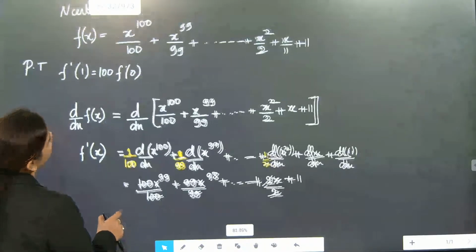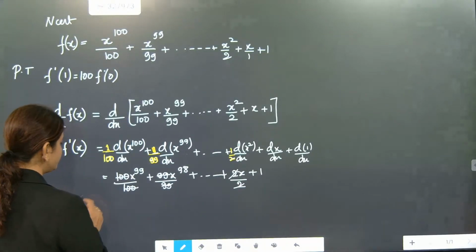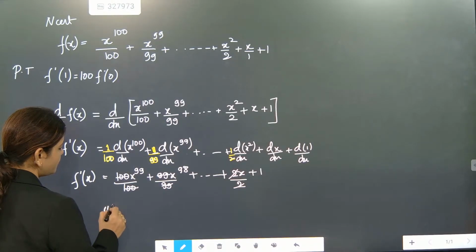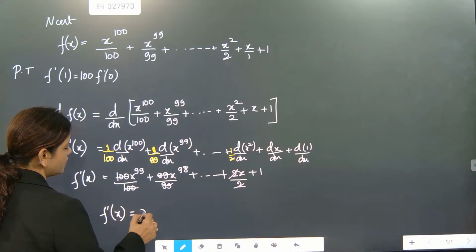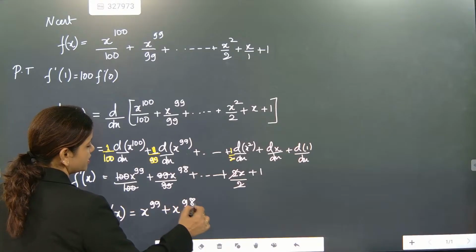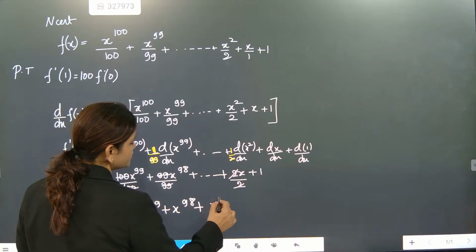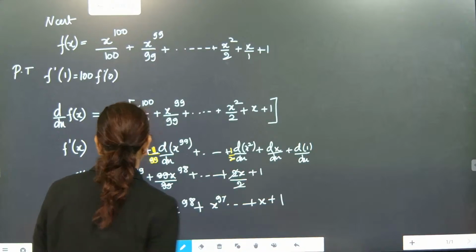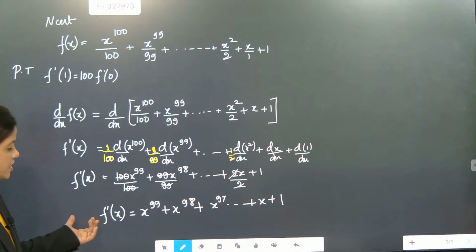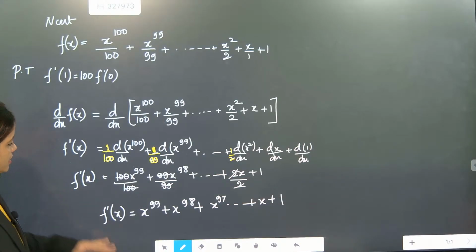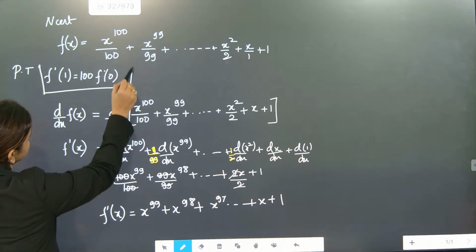Now we are in a state where we can take decisions, and this is nothing but f dash x. So f dash x is equal to x to the power 99 plus x to the power 98 plus x to the power 97 till x plus 1. So this you got as f dash x. Now our ultimate target is this one.